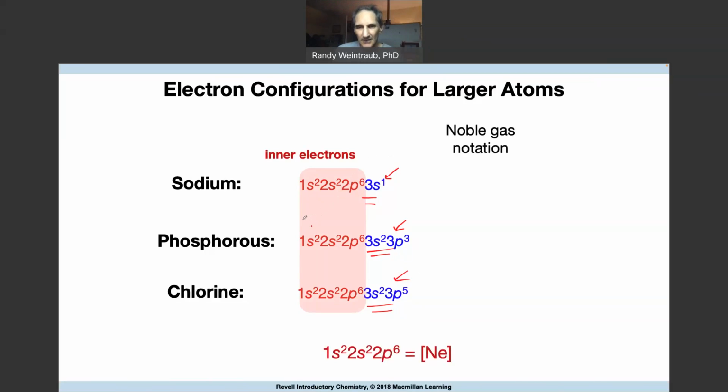If we add electrons, the change only affects the valence level. Since the inner electrons do not change, we often can simplify the way we write out electron configurations, and we use the noble gas notation shown there.